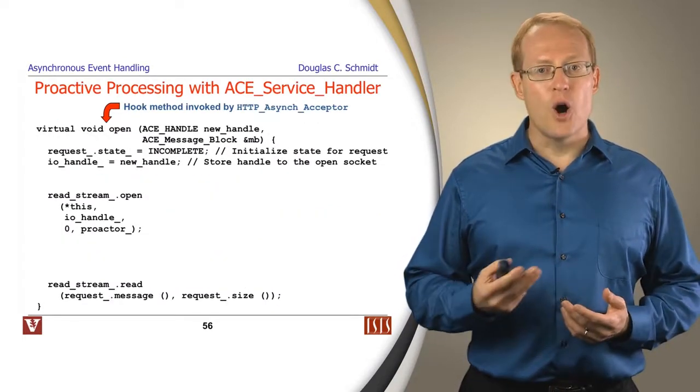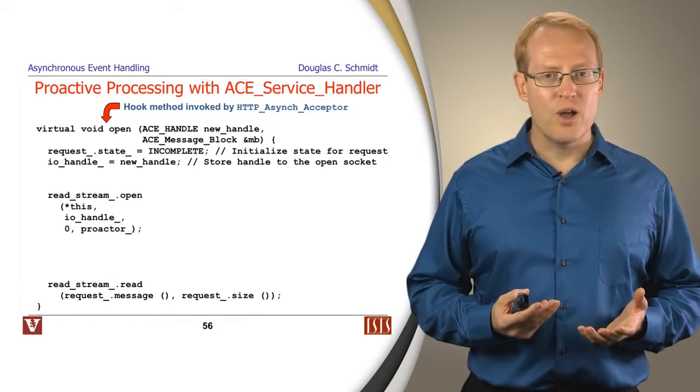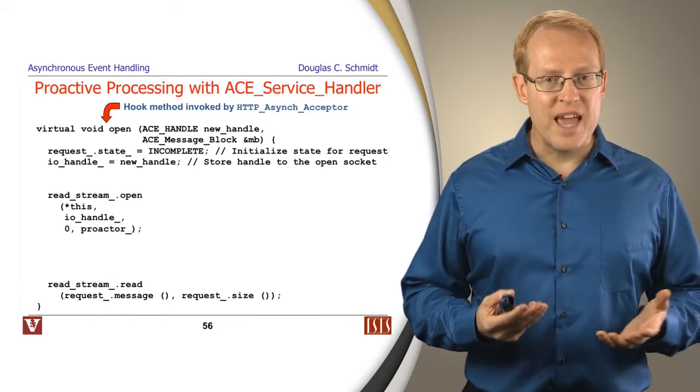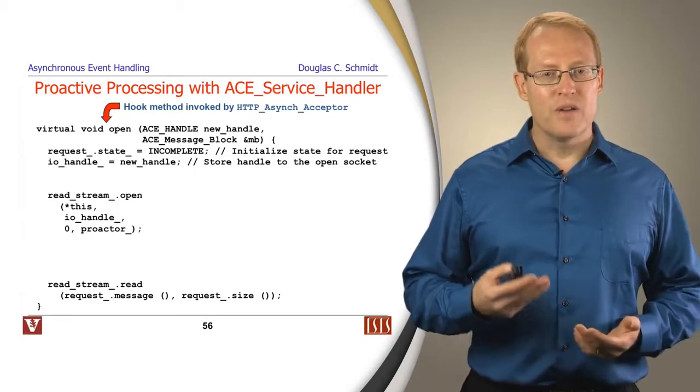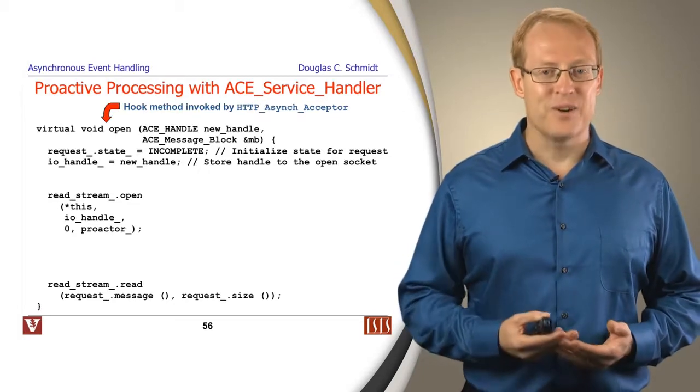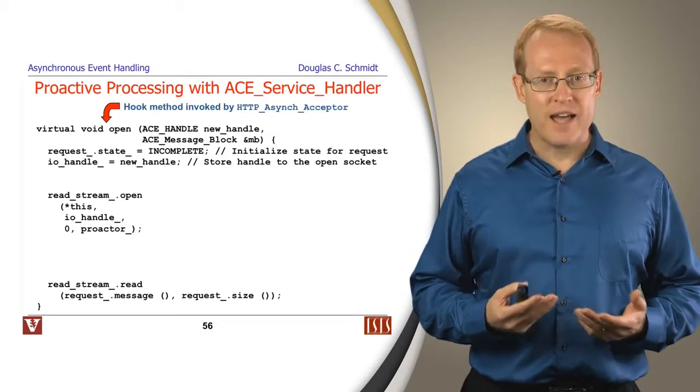Let's now take a look at the open hook. This is the hook method called back by the HTTP Async Acceptor in order to activate our HTTP Async Handler once a connection has been established passively.